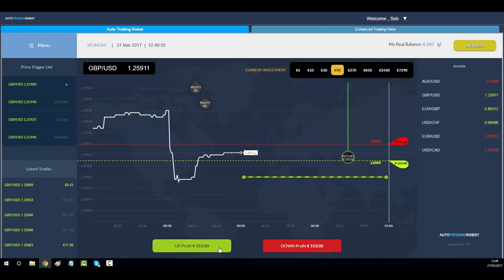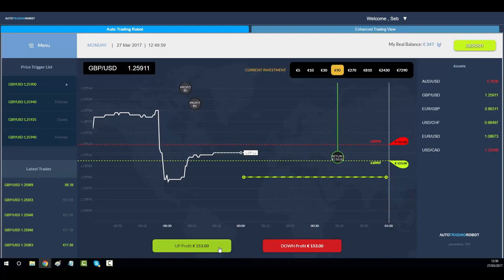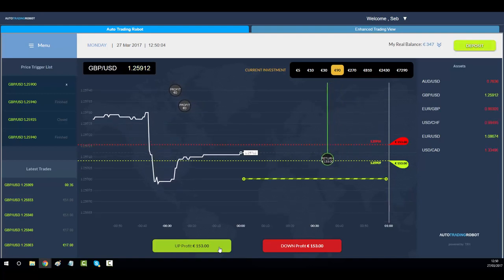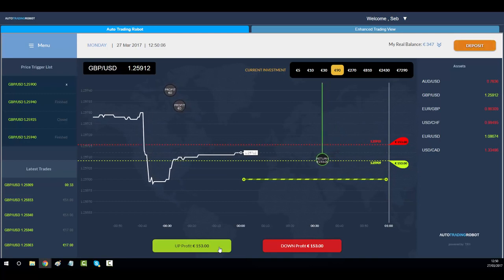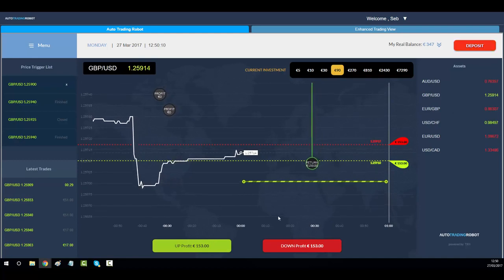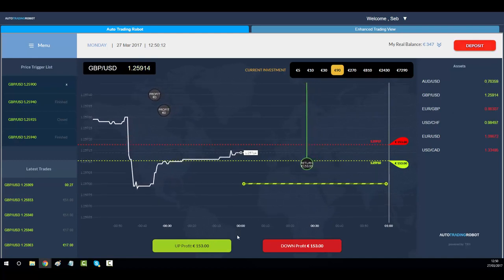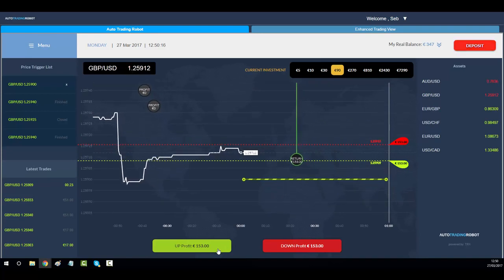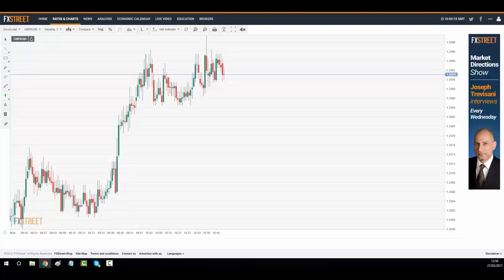I like the price. I like this plot. The price trigger, I think, is brilliant. Let's wait for this one. What's happening at the moment?